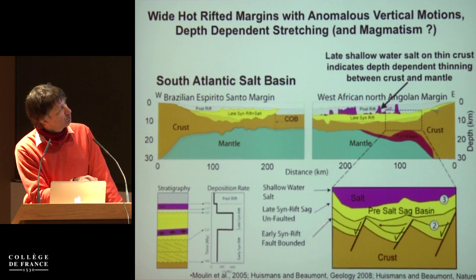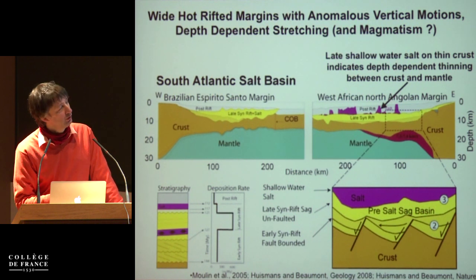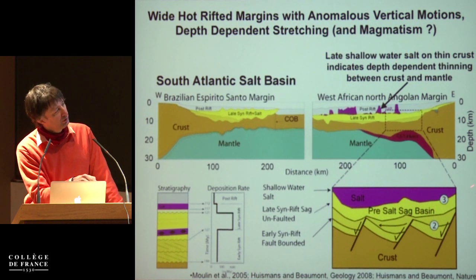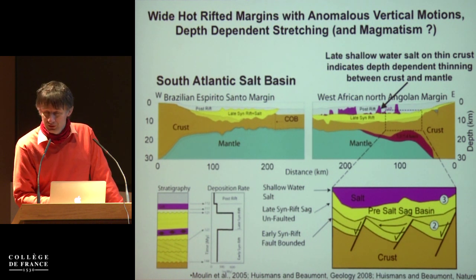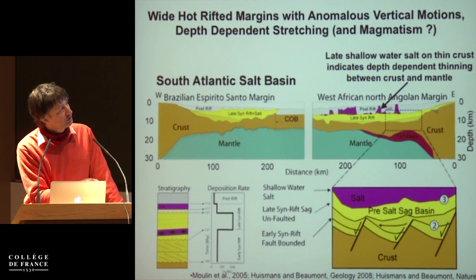There are a number of other interesting observations. One of them is that we have early fault-bounded syn-rift and then undeformed sag basins that accumulate quite a lot of sediments. On top of this we have salt that is late syn-rift, early breakup, which presumably was at sea level and indicates very shallow water conditions.